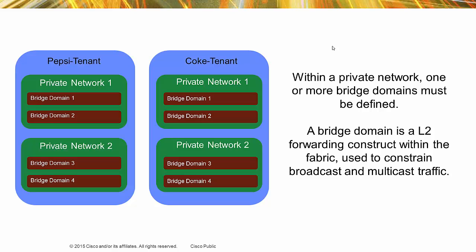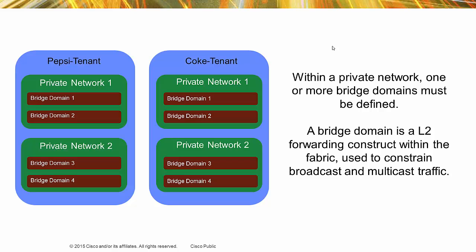Again, when we say the fabric, we're referring to the combination of all of these ACI 9000 spine and leaf switches. And this bridge domain, as the last line says, is used to constrain broadcast and multicast traffic. So the bridge domain, as we said again, acts as a switch. You are using the bridge domain really to contain your broadcast and multicast traffic.